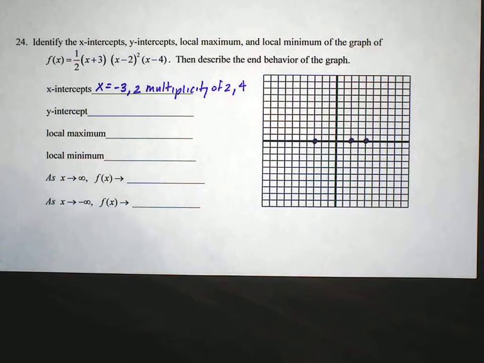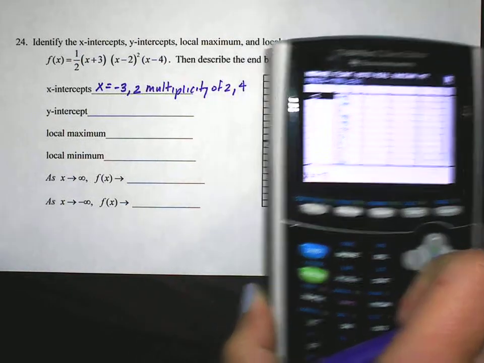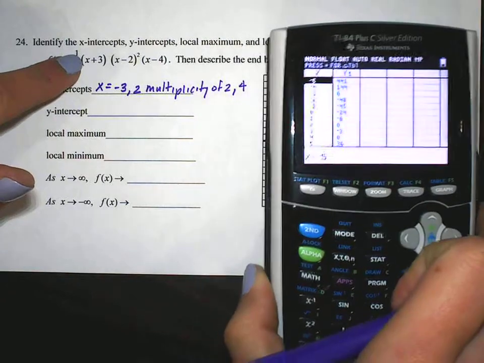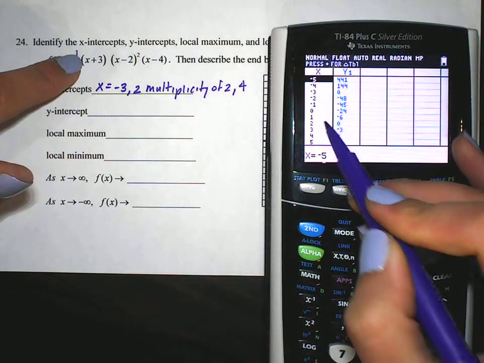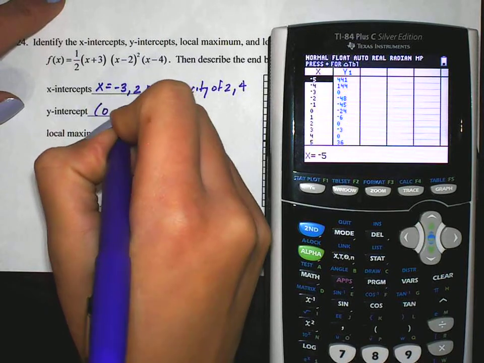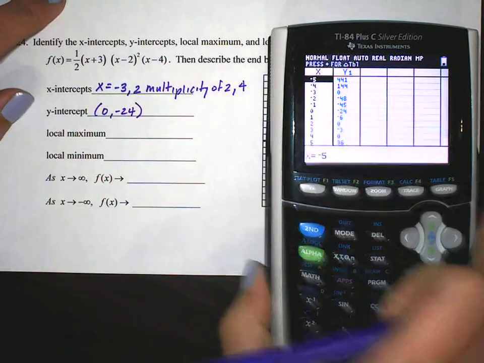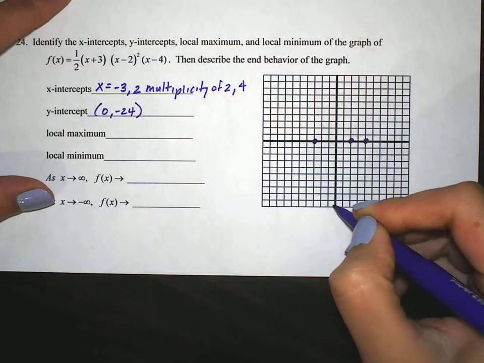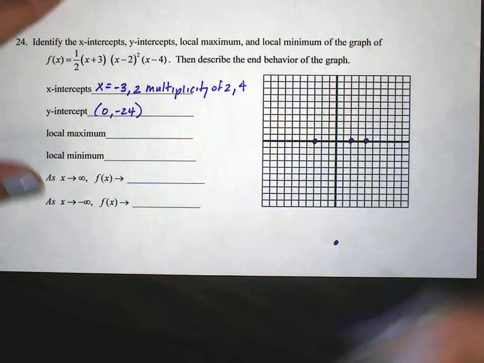Okay. Your y-intercept. You could do it algebraically by just plugging in a 0 for x, or you can go to your table and look at, okay, 0, -24. Alright, so it's off of my graph, so I'm going to put like a little reminder to myself that it's off of my graph. I'm going to put it down here.